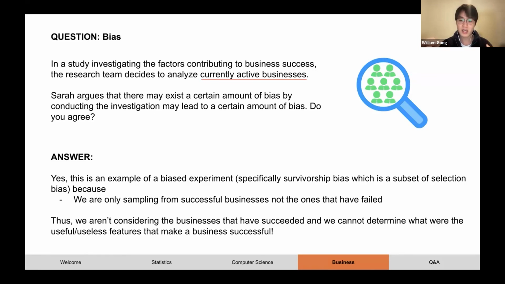So in this case, survivorship bias is a subset of selection bias because we're only looking at successful businesses. If we sample only from successful businesses, we can't tell what factors influence the unsuccessful businesses, and therefore we can't actually decide what factors contributed to successful businesses. Okay, cool, that's great. So next question.